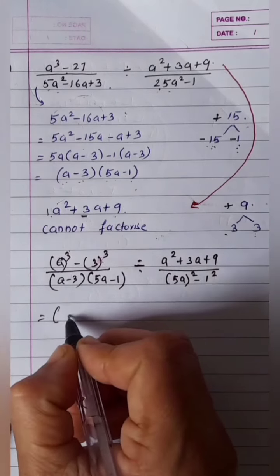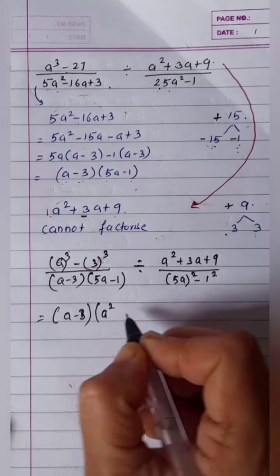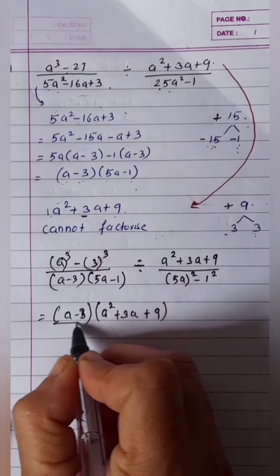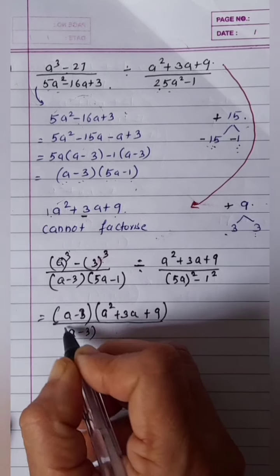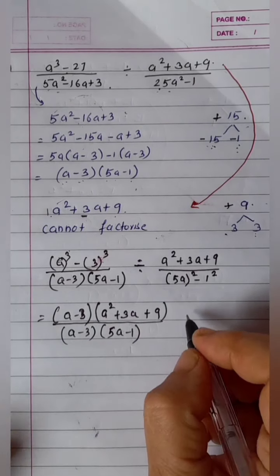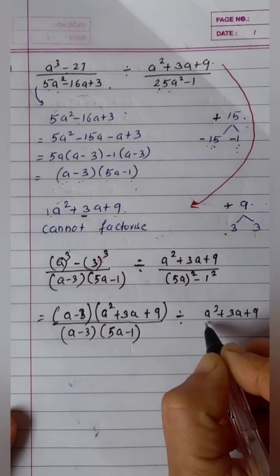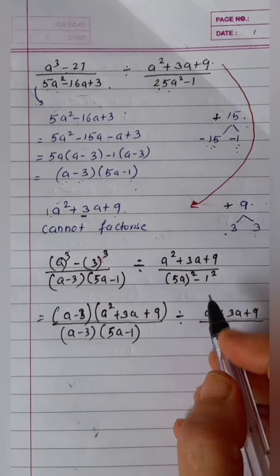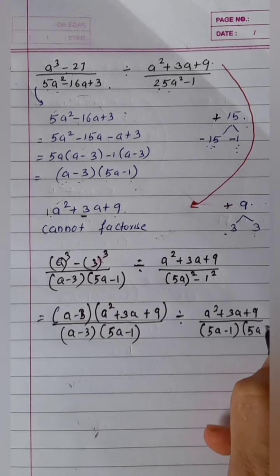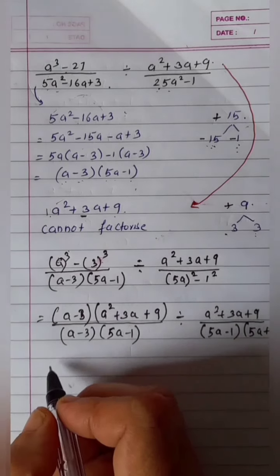You know the formula, a minus b, which is a minus 3 into a square plus 3a plus 3 square, which is 9, upon a minus 3 into 5a minus 1 divide by a square plus 3a plus 9 upon this becomes a square minus b square, which is same as a minus b and a plus b. Right?